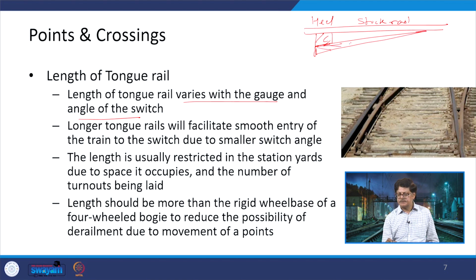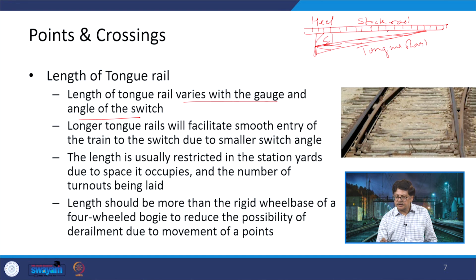So, this is the arrangement which we are talking about here. So, this is a tongue rail, and based on the gauge and the angle of switch, this is going to differ.